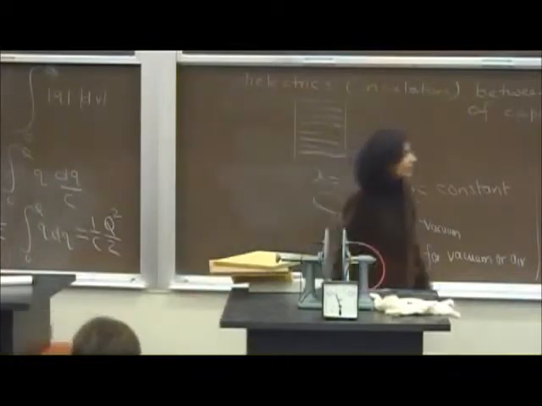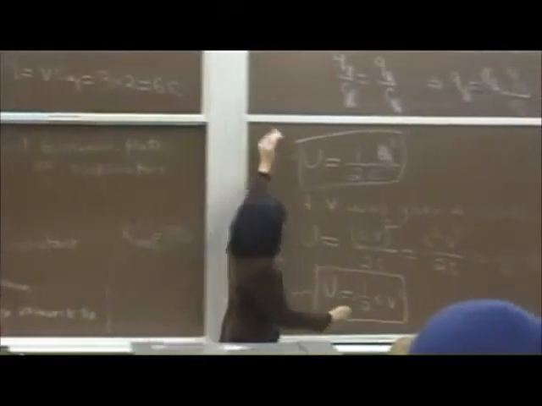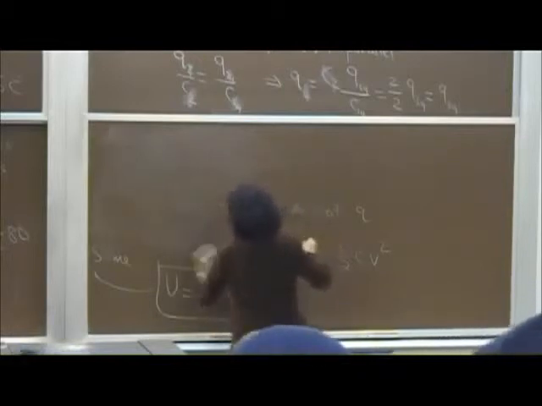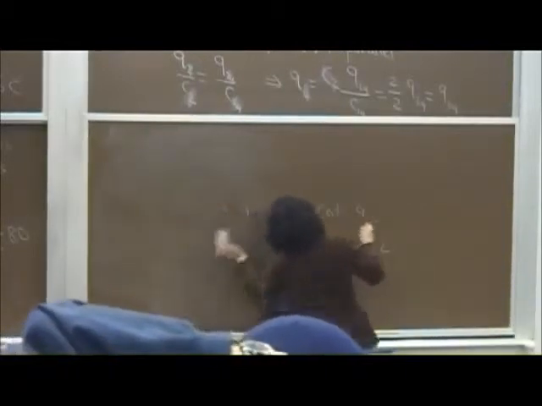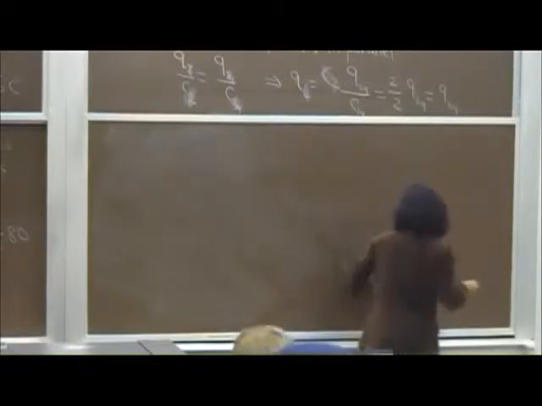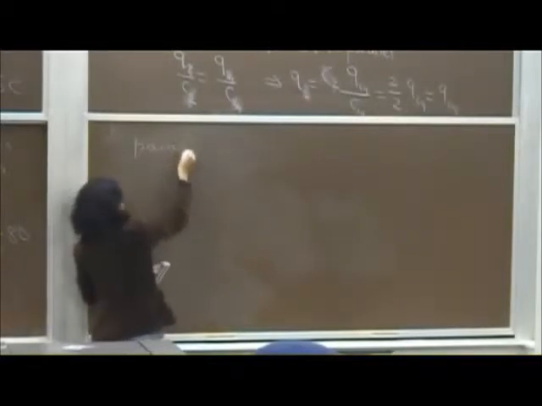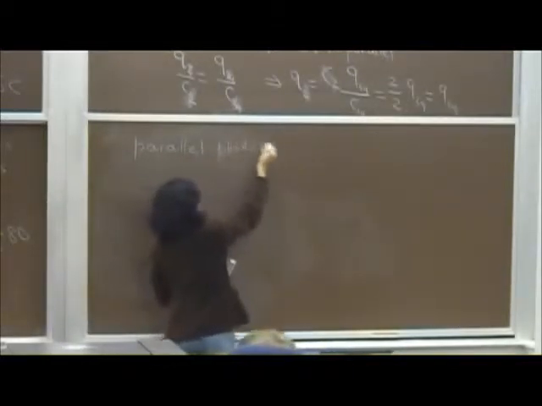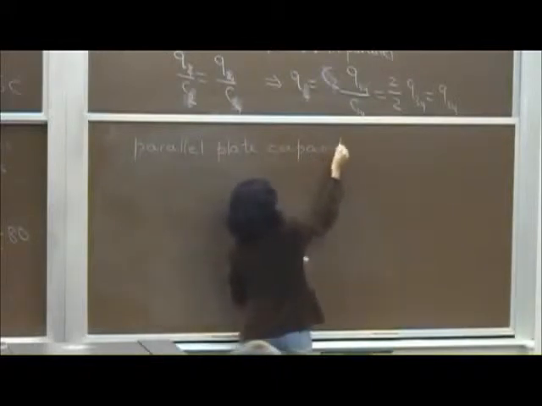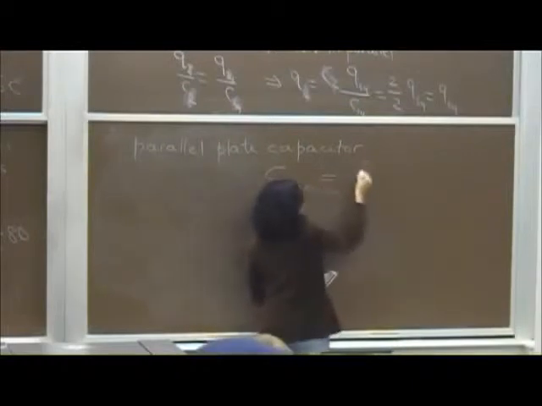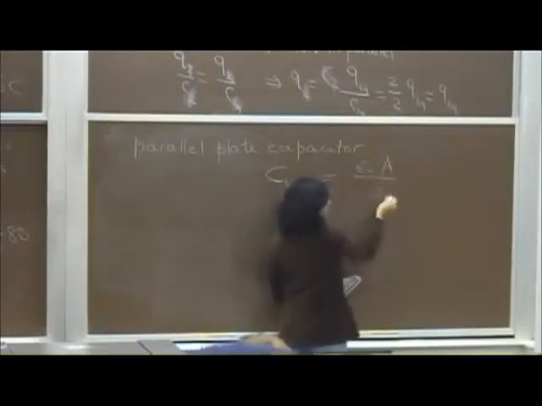So for a parallel plate capacitor, how much will it go up? Remember, for a parallel plate capacitor, the capacitance with vacuum was epsilon 0 A divided by D, wasn't it?